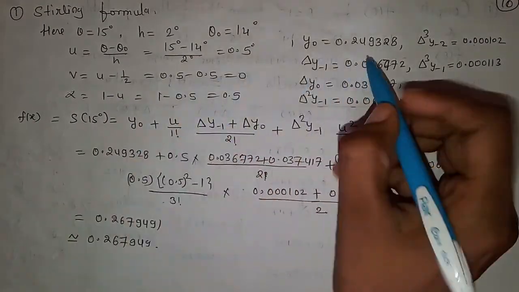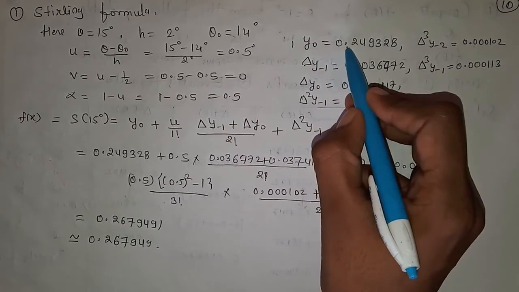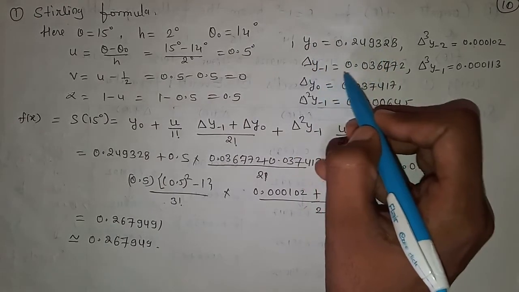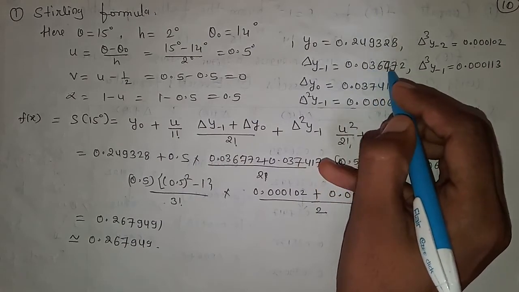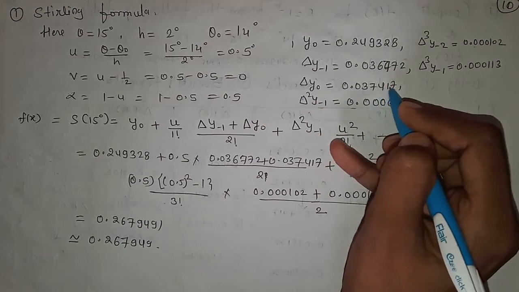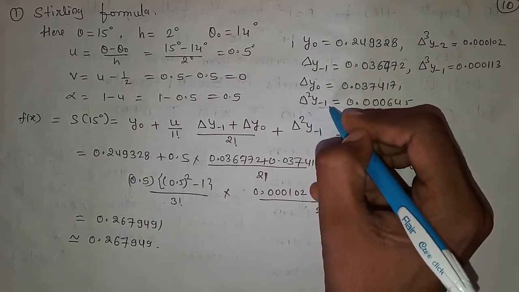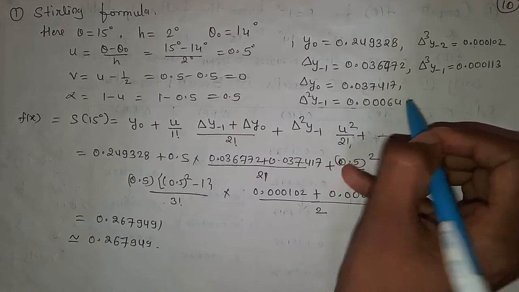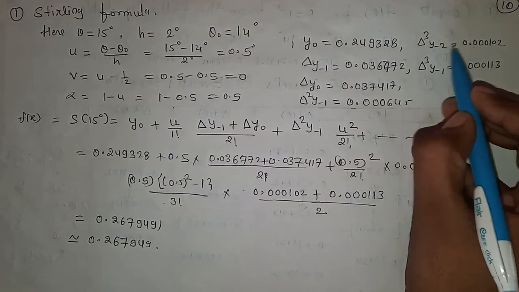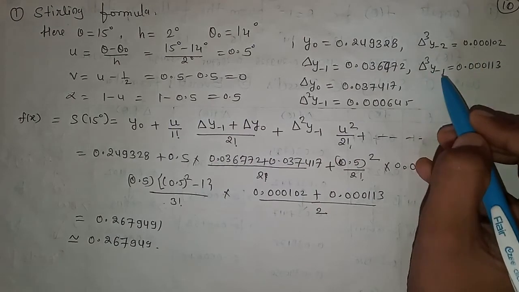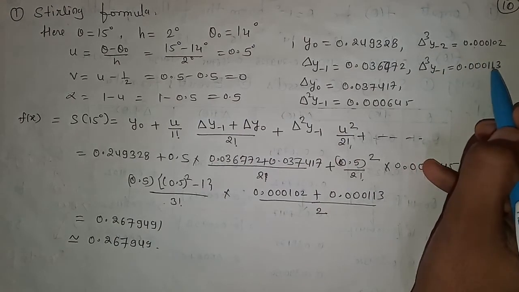For Stirling's formula we will use y naught, which is 0.249328, delta y minus 1, which is 0.036772, delta y naught 0.037417, delta square y minus 1 is equal to 0.000645, delta cube y minus 2 is equal to 0.000102, delta cube y minus 1 is 0.000113.